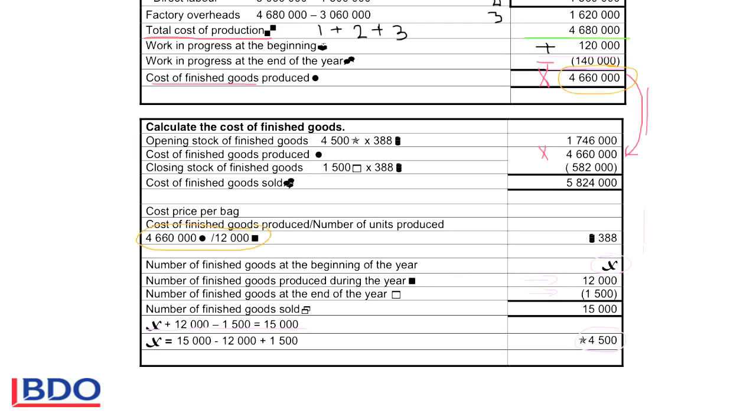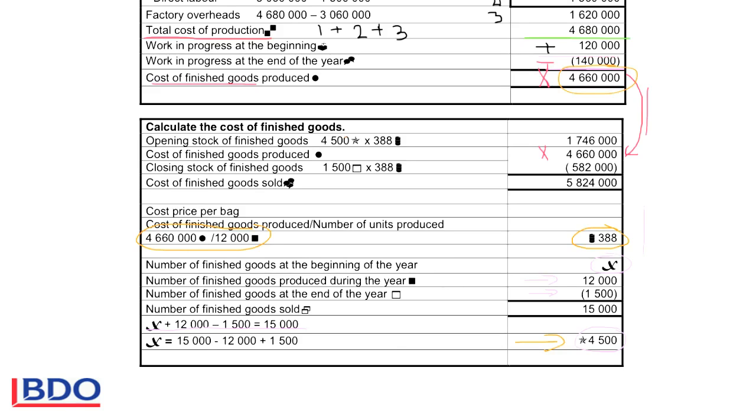So that means the cost per unit was 388. We did this calculation to determine that we had 4,500 at the beginning of the year. So if I take 4,500 units at the beginning, multiplied by the 388 cost per unit, it will give me the value of my opening finished goods.